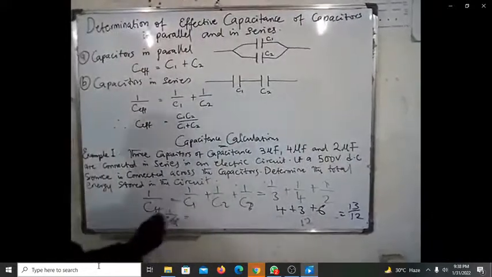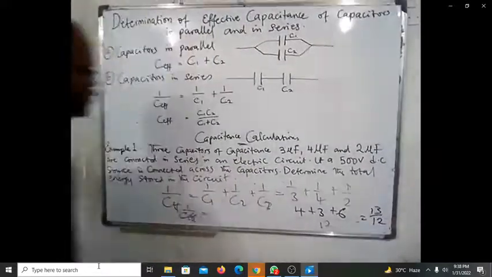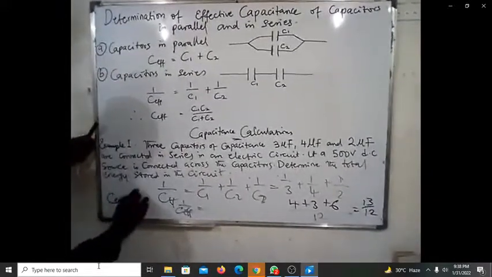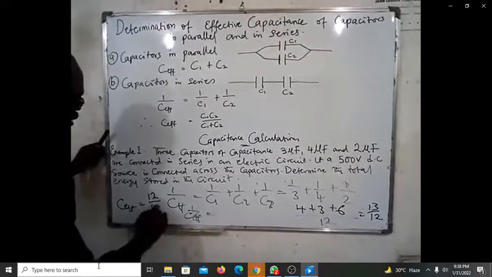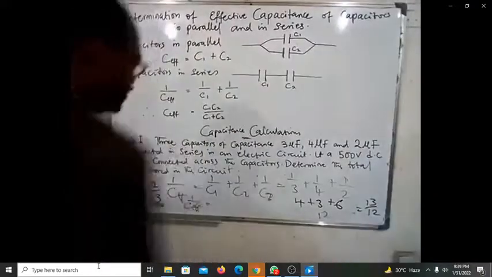So if 1 over C effective is equal to 13 over 12, that means that effective capacitance is actually equal to 12 over 13. So that is our effective capacitance, 12 over 13. What is the value of 12 over 13? Press your calculator. 0.923 microfarad.